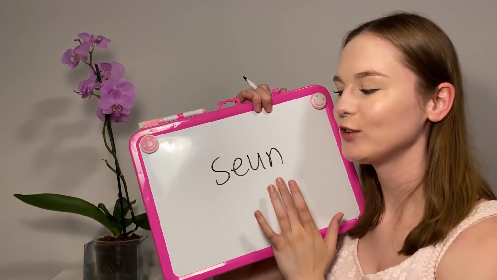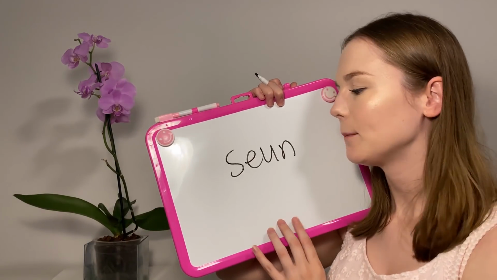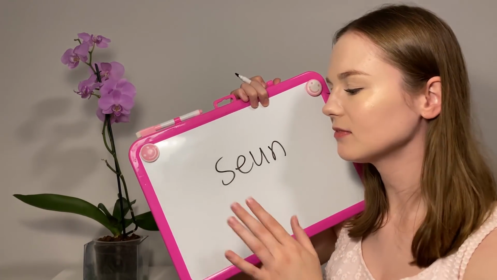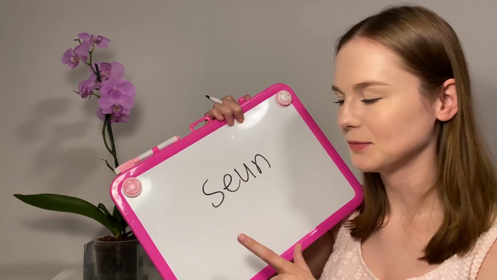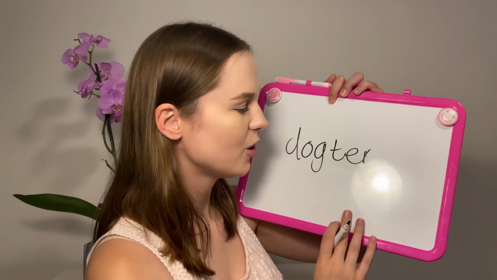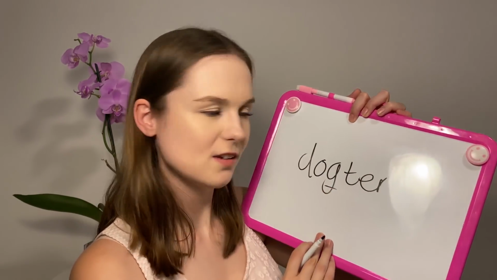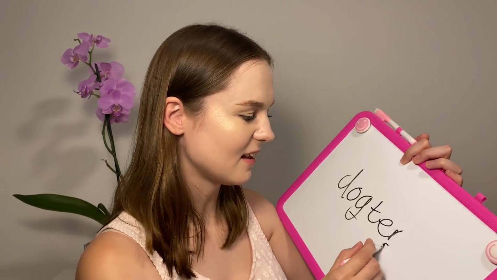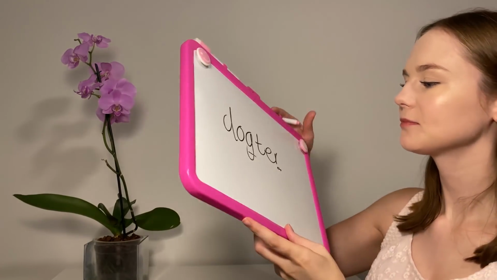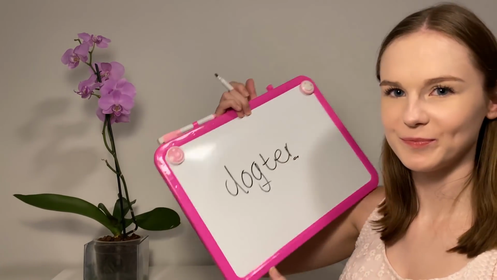It's crazy. Anyway, so seun means boy, but it also means son. So with the family terms, we're saying it is son. And then daughter is dogter. You got the G sound, dogter, and the R, which I always forget to say. Dogter.